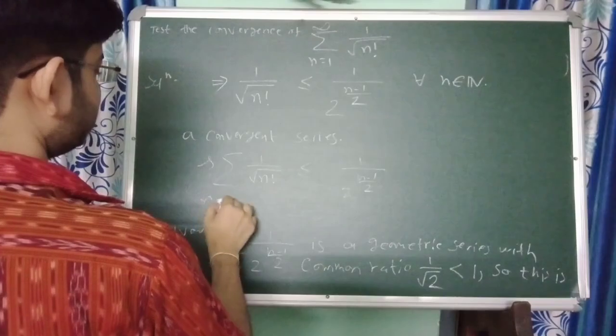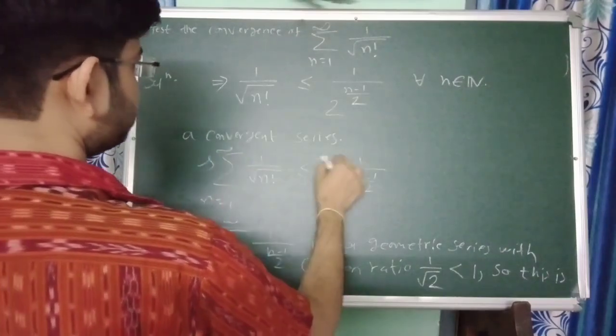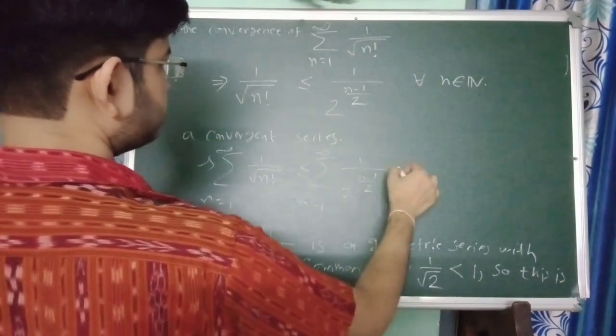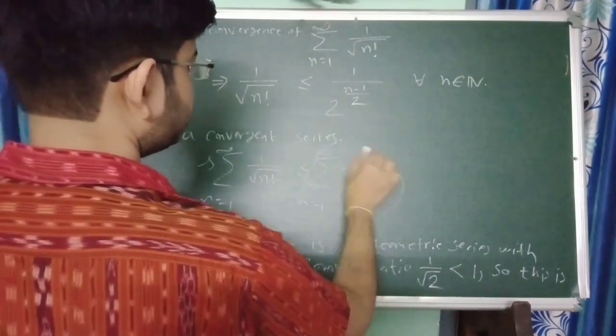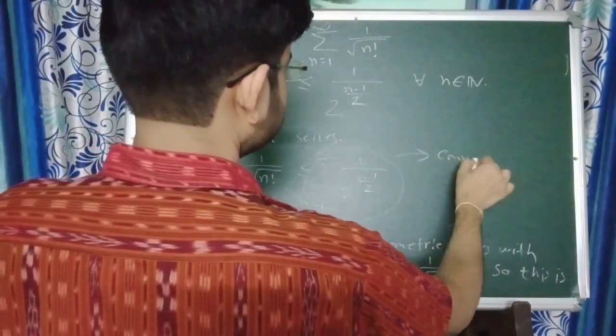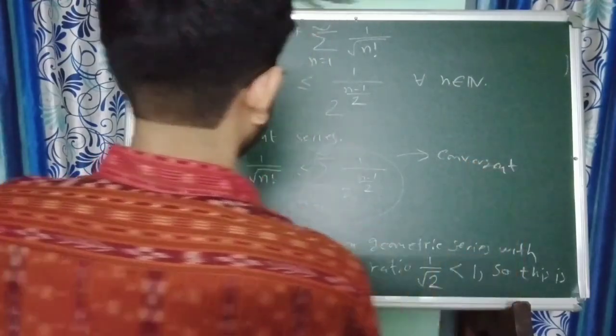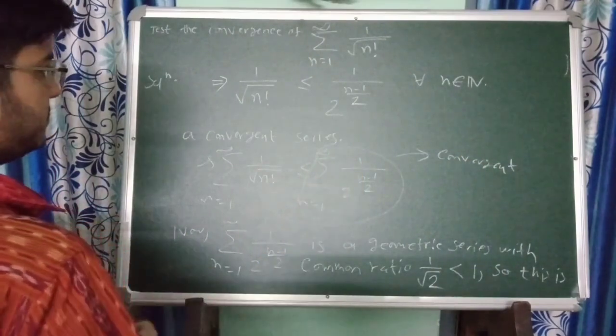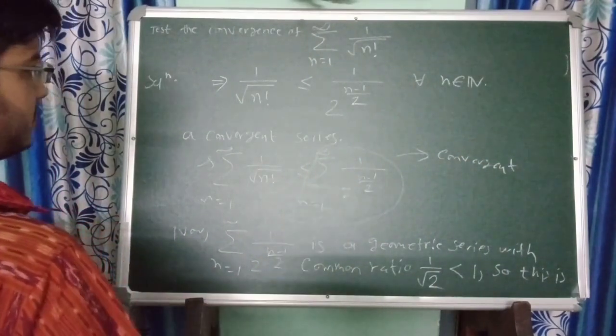Taking summation both sides starting from n equals to 1 to infinity, this total part is a convergent series, then this is less than or equal to a series which is already convergent.